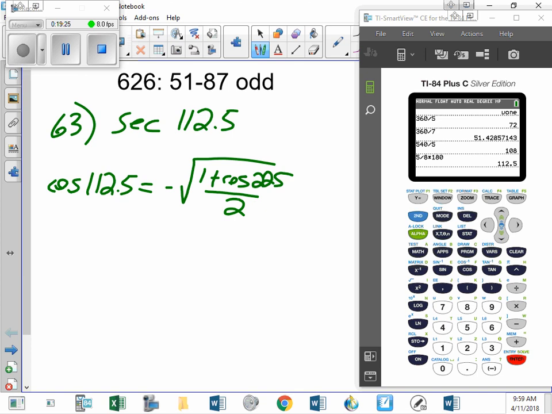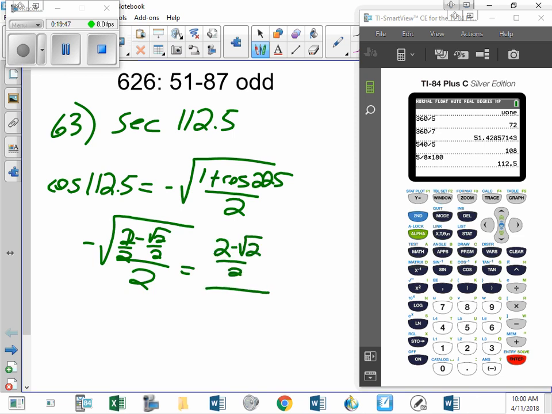Not yet. We'll flip it at the end. So negative square root of 1 minus root 2 over 2 over 2. So that becomes 2 over 2. So I end up with 2 minus root 2 over 2 over 2.